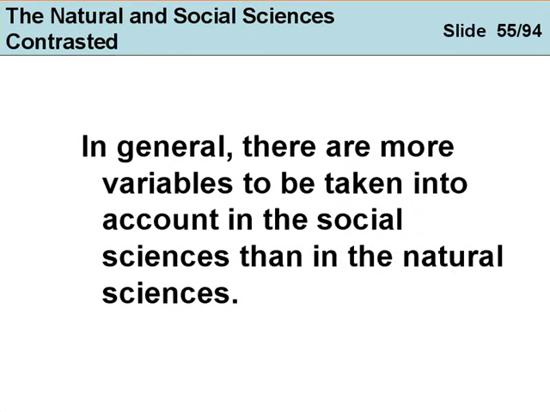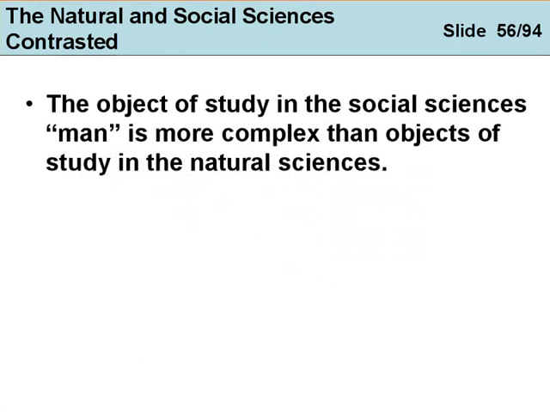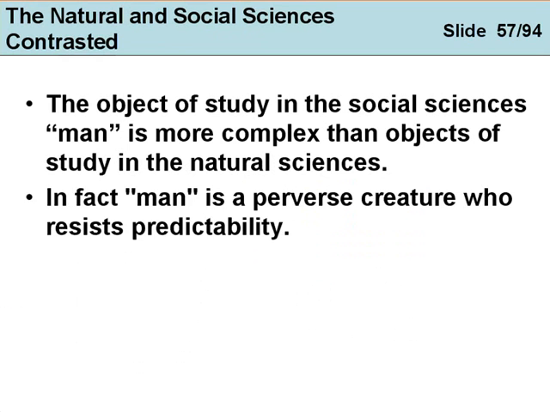So maybe that's why economists and sociologists and so on, we get it wrong quite a lot of the time, because there are so many variables. It's not that the approach is wrong, perhaps it's just simply because of the complexity of the problem. The subject matter in the social sciences, man, humankind, we are more complex than objects in the natural sciences.